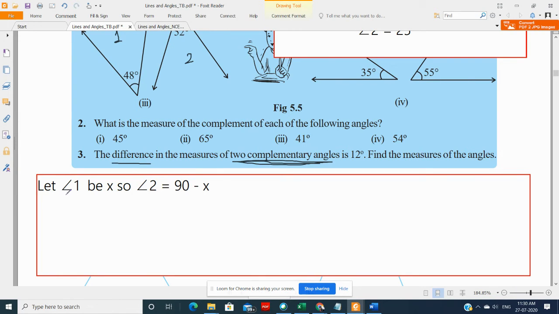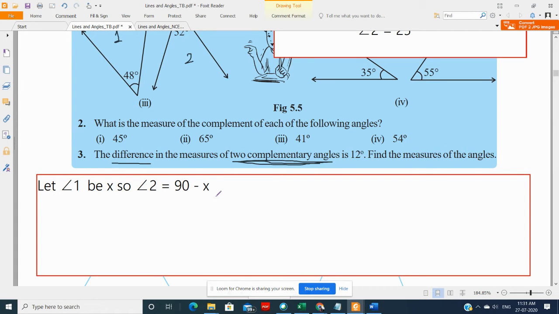So if our angle 1 is x, then we subtract this x from 90 to get the second angle. So let angle 1 be x, and angle 2 would be 90 minus x.